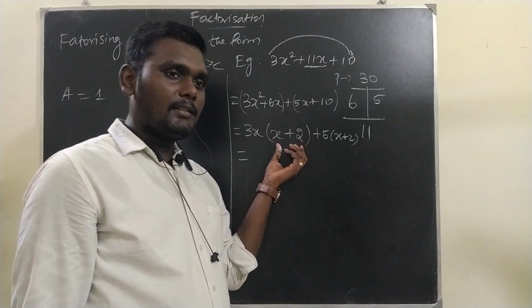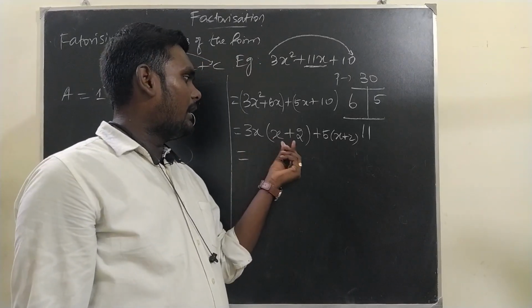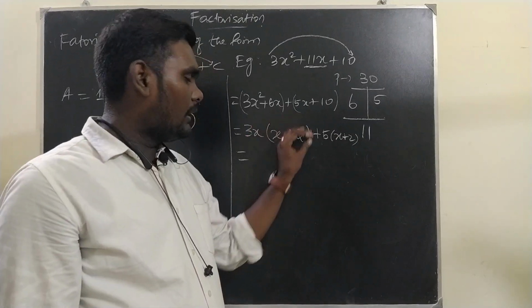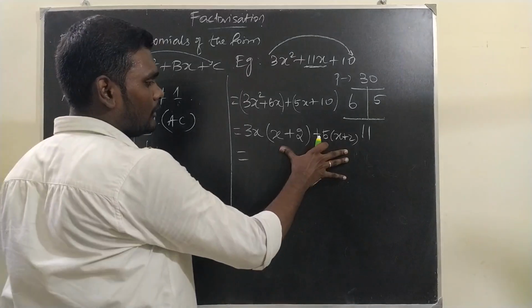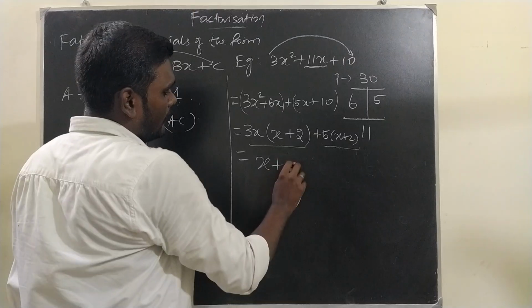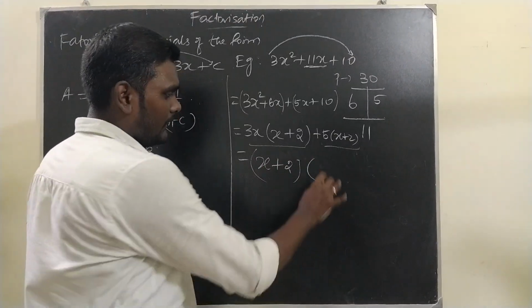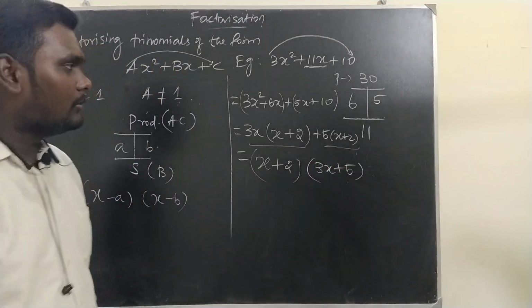The bracket should be considered as a product. So this multiplied with this plus this multiplied with this, like this whole thing works as a variable. Now from these two terms, x + 2 is common. So we will take x + 2 as common. Then the remaining is 3x + 5. That is it. These are the two factors.